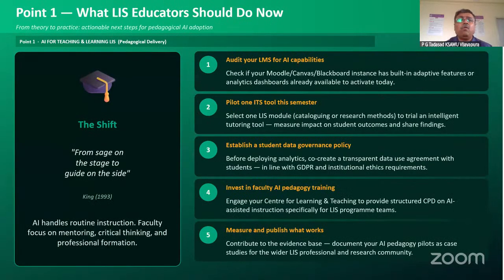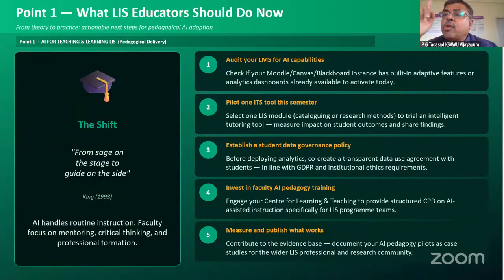Now, at this level, what should LIS educators do? Simply, we cannot bring AI technology and introduce it. For us, the shift is from sage on the stage to guide on the side. We are actually at the extreme left. We have to move to the extreme right. A paradigm shift has to take place. How? AI can handle routine instructions.